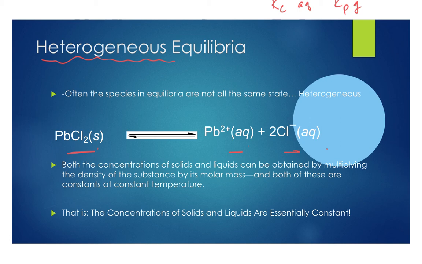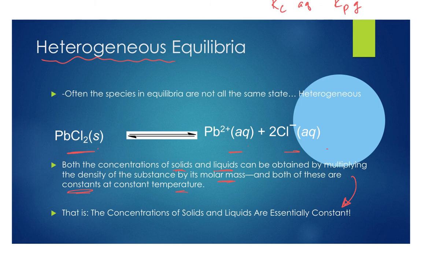All right. The concentrations of any solids or liquids that we have in an equation are obtained by multiplying the density of the substance by its molar mass. And both of those are constant at constant temperature. So what does that mean? It means that the concentrations of liquids and solids are essentially constant. They don't change.